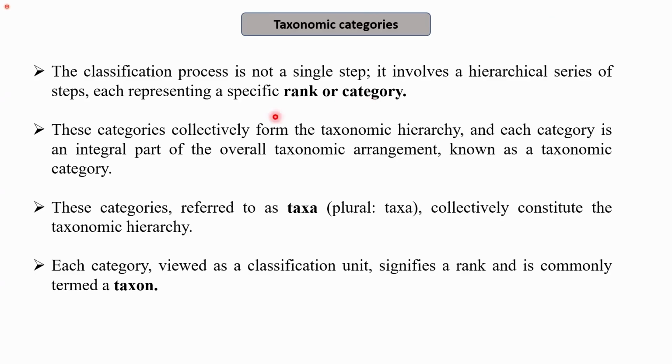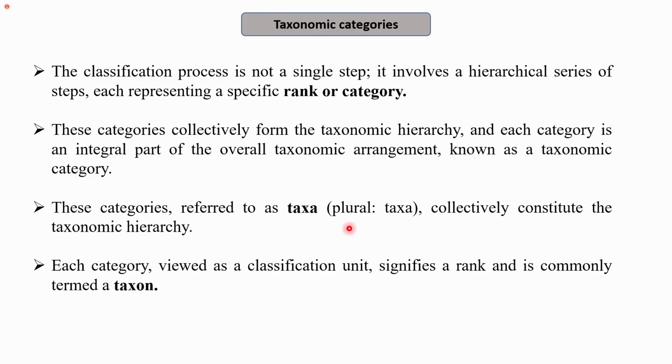These categories collectively form the taxonomic hierarchy, and each category is an integral part of the overall taxonomic arrangement, which is known as the taxonomic category. As I mentioned, these categories are themselves referred to as taxa, and collectively constitute the taxonomic hierarchy. We will understand what the different taxa involved are.